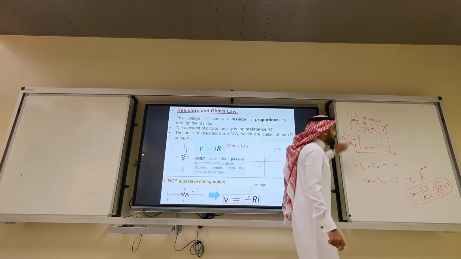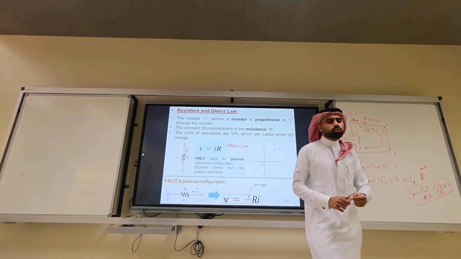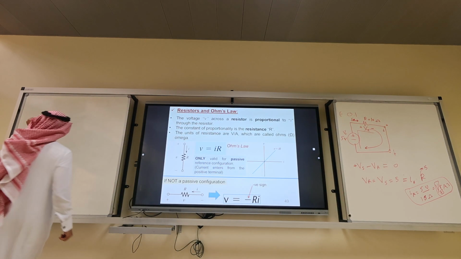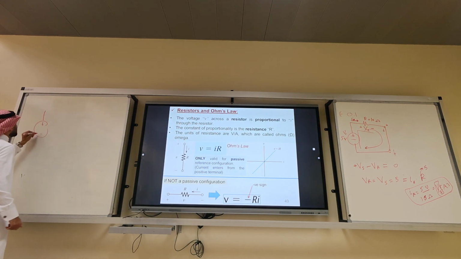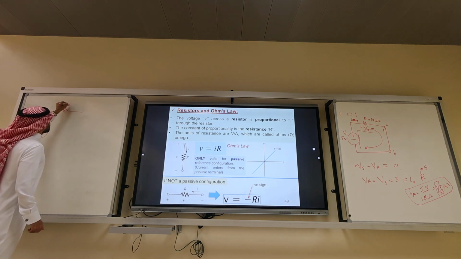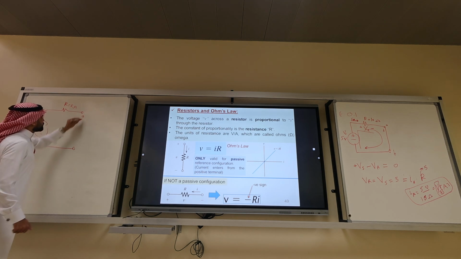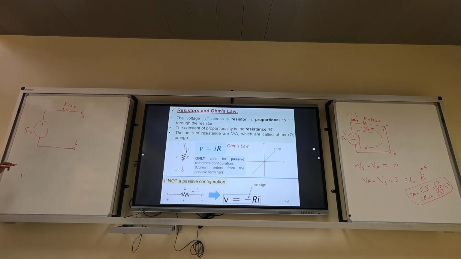Circuit 0.1, is it clear? Okay, let's do Ohm's law for circuit 0. Circuit 0, what we have here is 5 volts. We said we have R equal 5 ohm, and we said we can have it as an open circuit. What did I tell you about VR? We said because it's an open circuit, there is no closed path, we still can do a KVL.